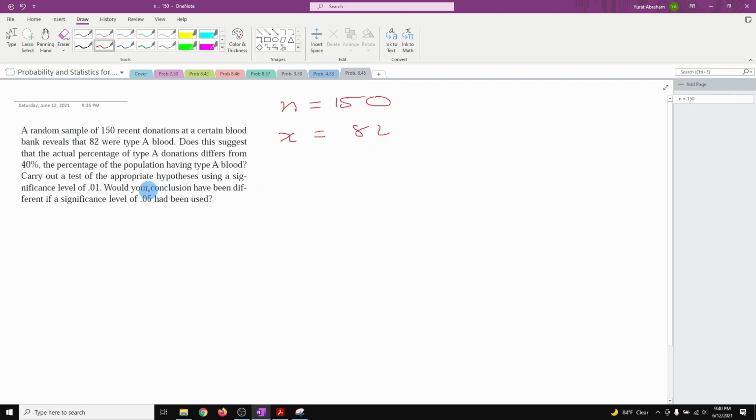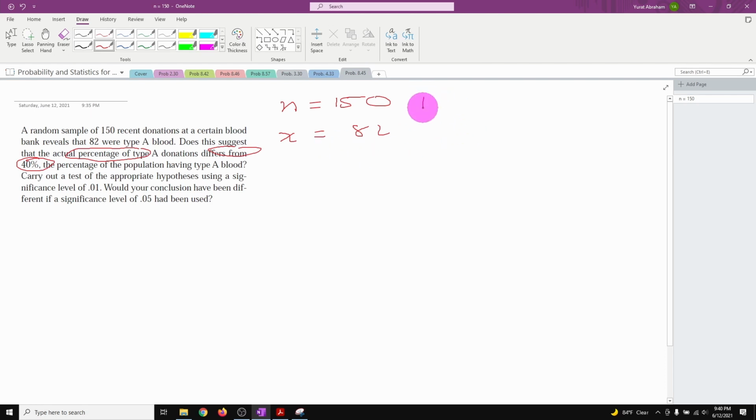And just remember, this example is going to be for proportions, because the whole chapter is about proportions, but let me show you where the clues are. Let's continue on. Does this suggest that the recent percentage of type A donation is different from 40%? Here is our clue that tells us this is a proportion problem.